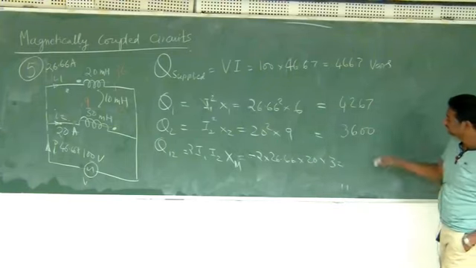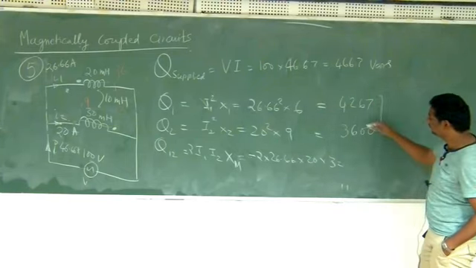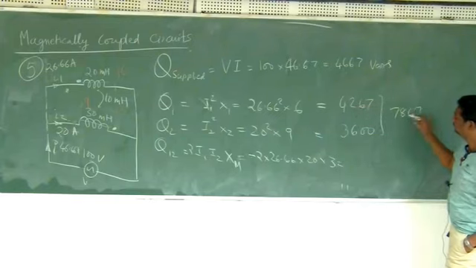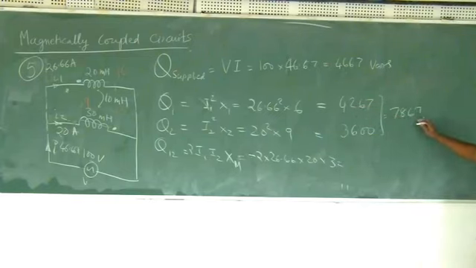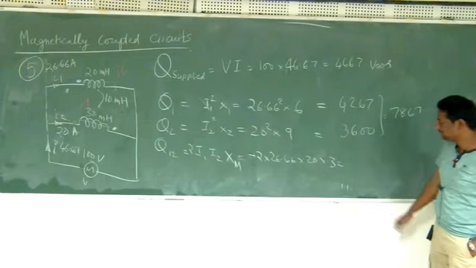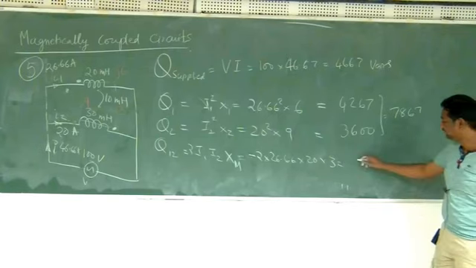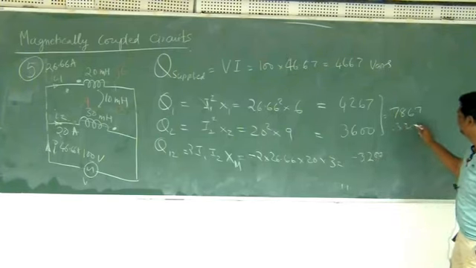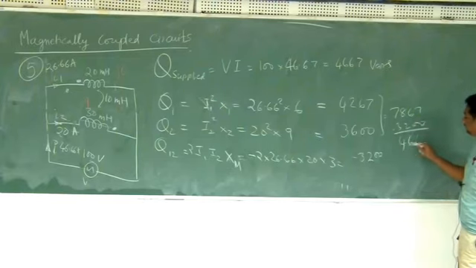So the addition of these two is 7867, which is more than this. How much is this? Minus 3200. So if I subtract 3200, then I'll again get back 4667, which is equal to this one.